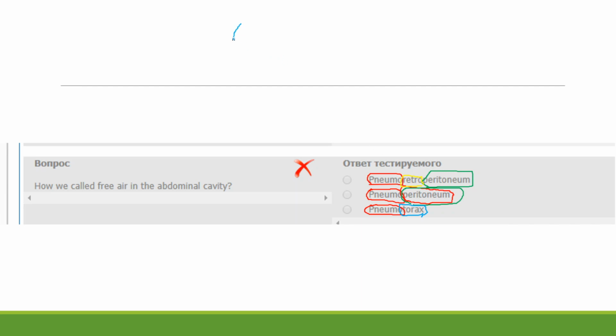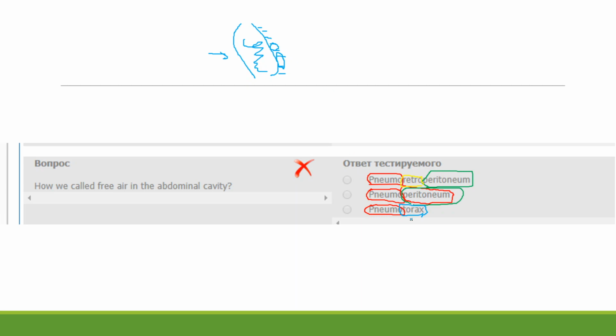If we write it, this is the abdominal wall, and this is the abdominal cavity. Behind we have the retroperitoneum, where we have some organs like the pancreas, for example, or the kidney. We can say that it is a cavity because there we haven't got any air.